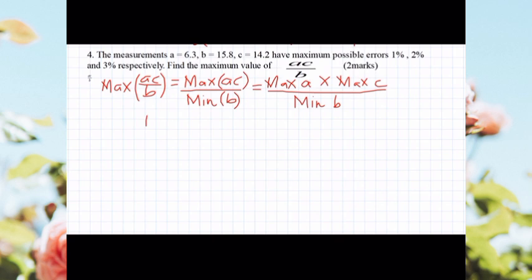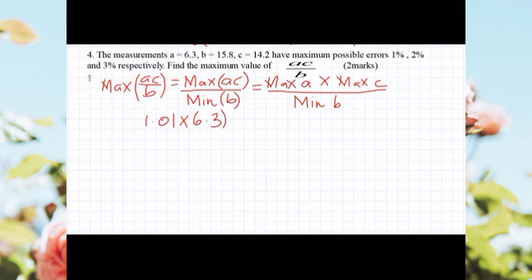And now, since we've been given the respective errors for the various measurements, we're going to apply that. The maximum of A has an error of 1%. So that means it increased from 100% to 101%, which is basically 1.01 in decimal form. So in order to obtain the maximum for A, we multiply 6.3 by 1.01.